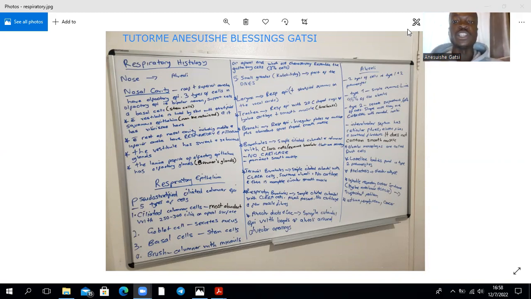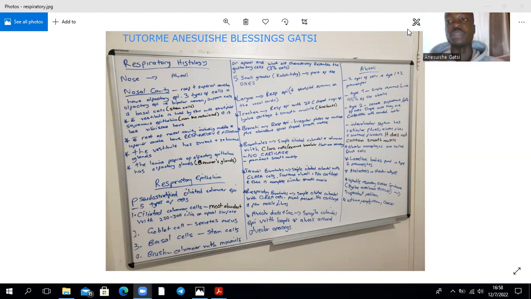Then the olfactory region is located on part of the dome of each nasal cavity, and you find a specialized olfactory epithelium, which typically has 3 cells. In the living, the mucosa of the olfactory epithelium will have a characteristic almost yellowish brown color, due to the pigment that you find in the supporting cells and the olfactory glands.